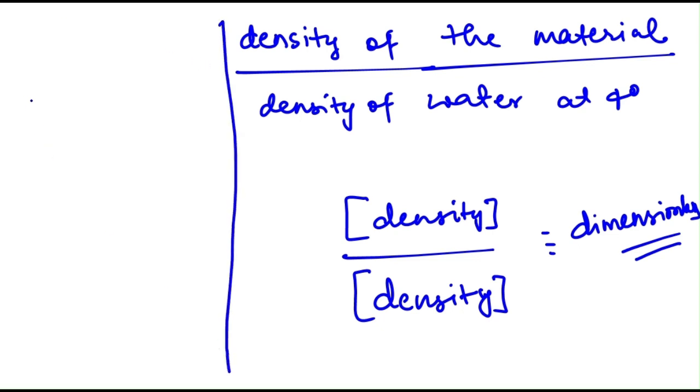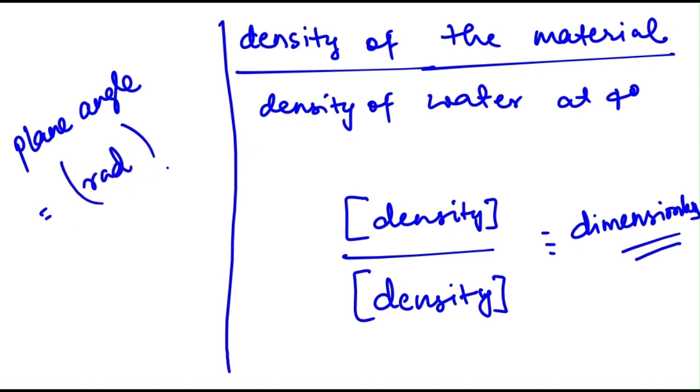Actually, along with these seven basic quantities we have discussed, we have supplementary units also, no? Those supplementary units, let's say plane angle. So we write plane angle in terms of radian. This is a standard way. We can represent in degree also, or grade also.